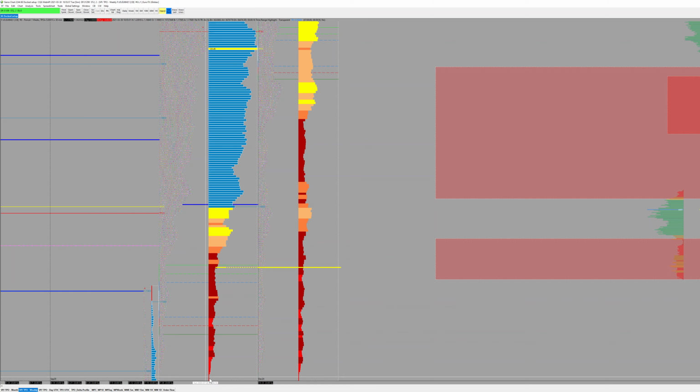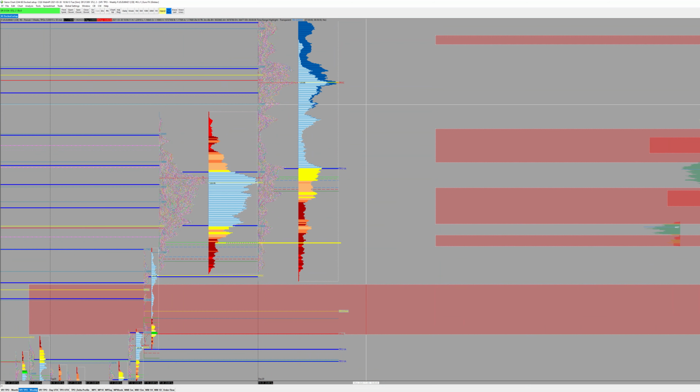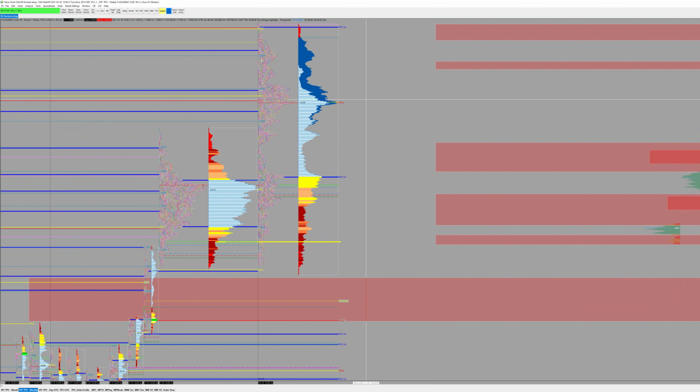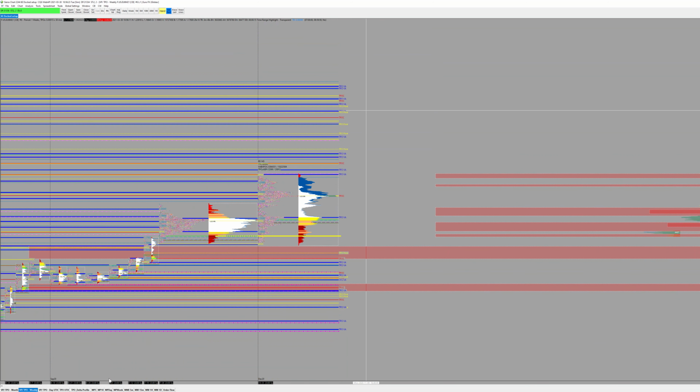So all of this gives me references which, even if we're far from those areas or points at the moment, is something I definitely want to keep in mind, and gives me a better view of how value is evolving.